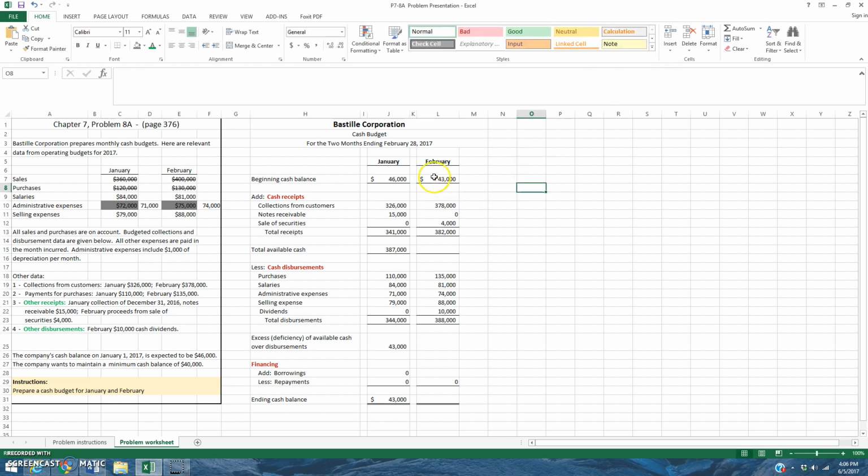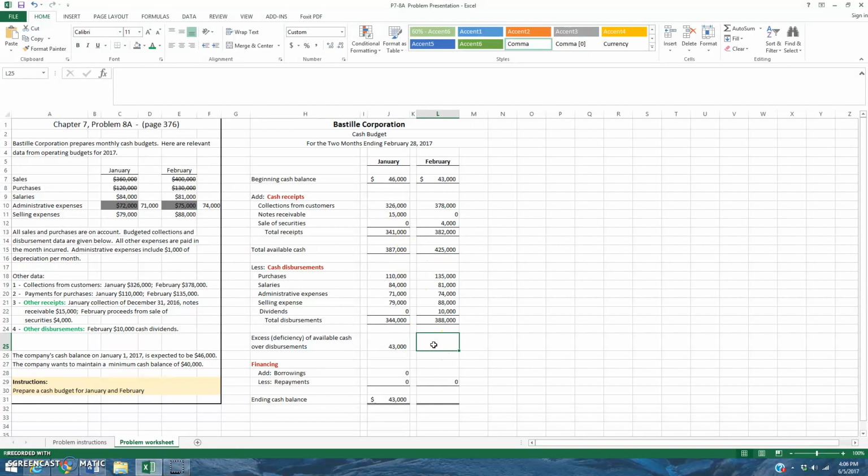So now that we have February's beginning balance, we can do all of the figuring for the cash budget for February. So we will go back to figure out our total available cash by adding our beginning balance to our total receipts and getting a figure of $425,000.